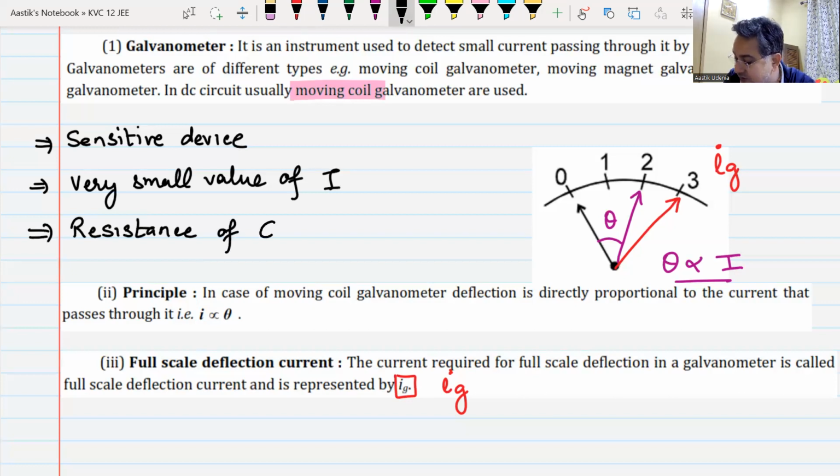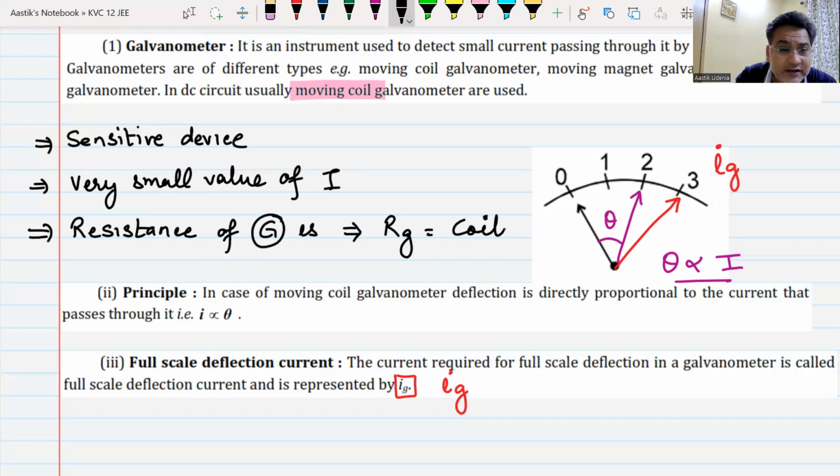Resistance of galvanometer G is written as Rg, which is nothing but the resistance of the coil of the galvanometer. Do we understand this? Have we noted this down, or do you want time to note it down? Okay, we'll give you 2 minutes, note it down.